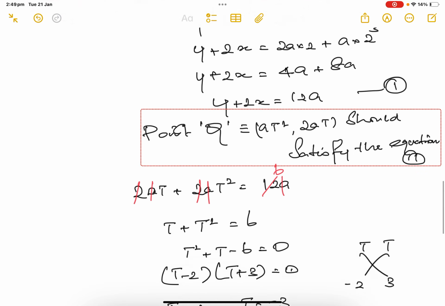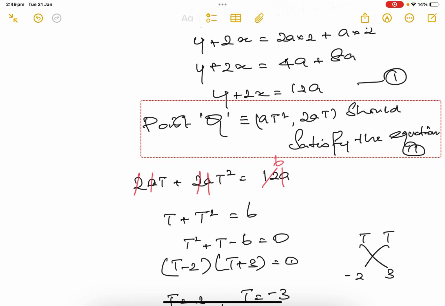So all you have to do is put these values into x and y: 2a capital T, plus 2 times a times capital T squared, equals 12a. Then you can take 2 out, and 12 divided by 2 is 6. And a out, all out. So what we are left with is T squared plus T equals 6.